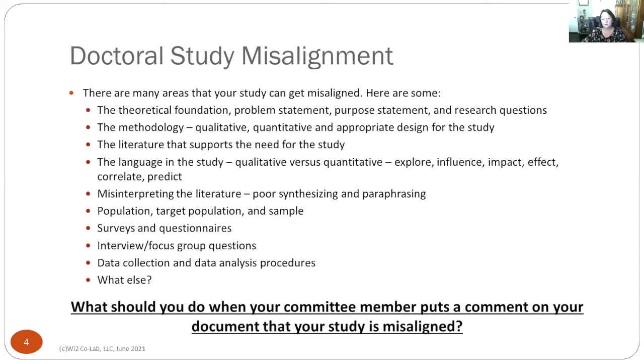Misinterpreting the literature. So maybe you have some poor synthesizing methods in your writing, or your paraphrasing's off. You want to fit this study because it's so close to what you're doing, but not quite. And you want to paraphrase someone's information into your study, which could create misalignment.